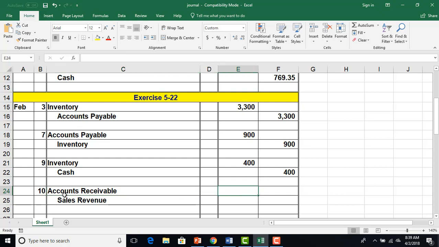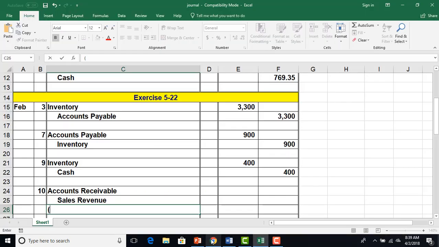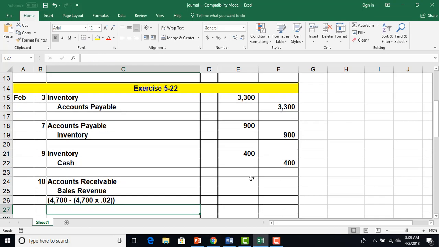All right, now remember though, with these sales, with these revenues, this new revenue recognition principle, remember we have to record these revenues up front at that discounted amount. All right, so I'll take the discount away right away. So 4,700. The discount that they could earn is 2%. So 4,700 minus 4,700 times 0.02 is how we'll calculate that number.